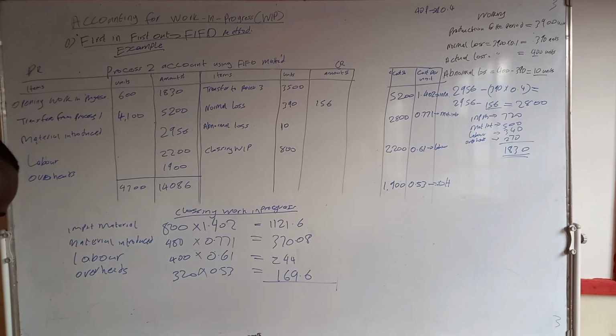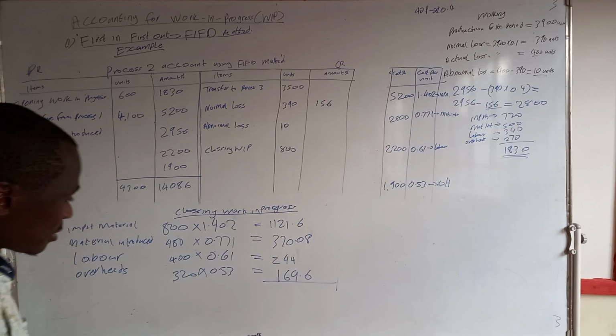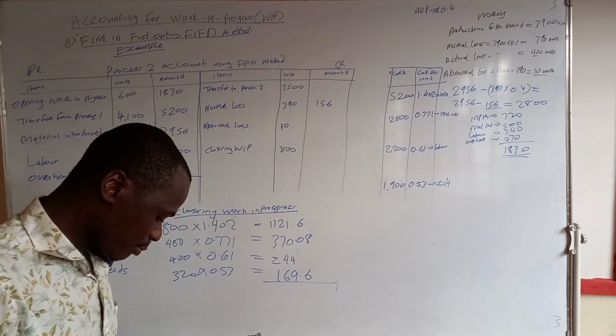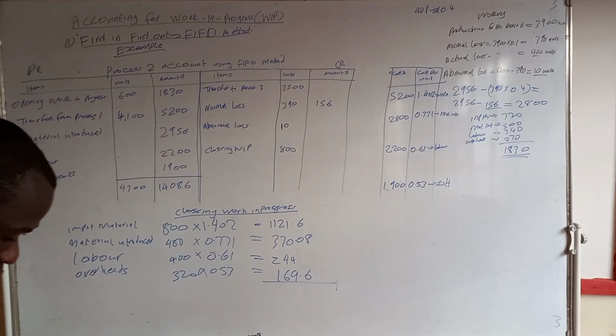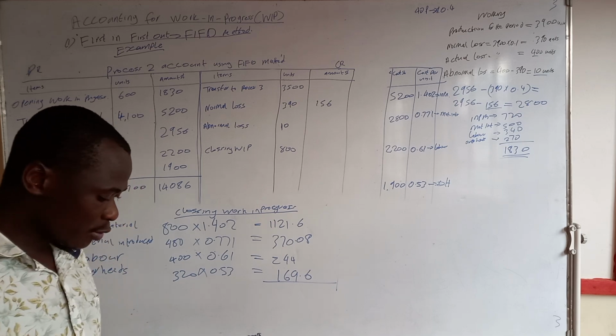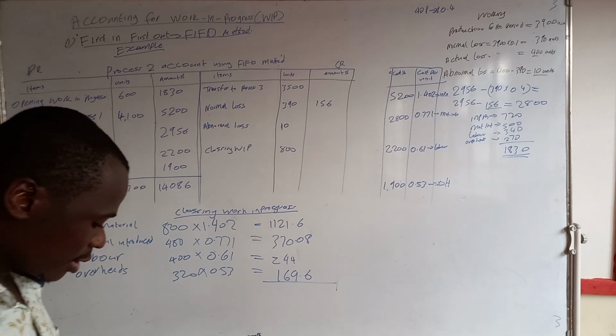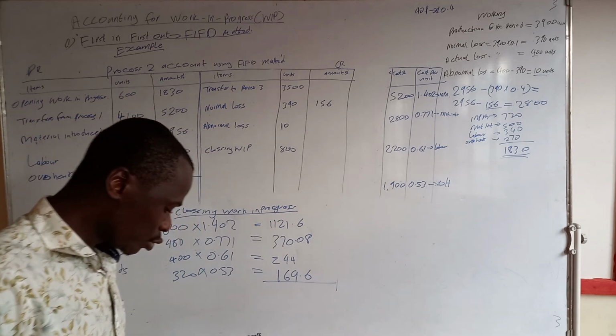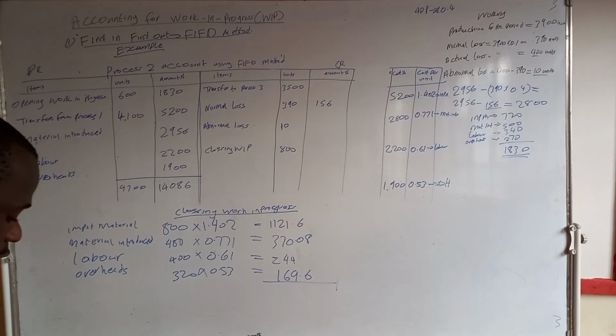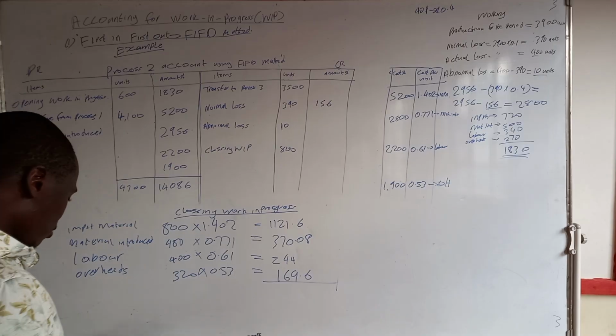So 169.6 plus 244 plus 370.08 plus 1121.6. I get 1,905.28. Let us round it to the nearest whole number.